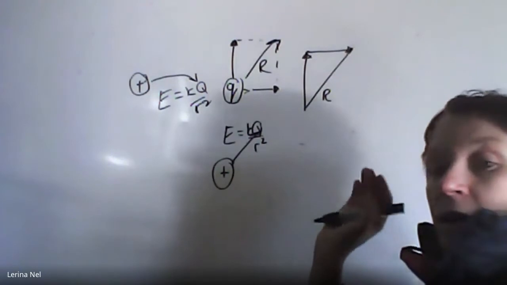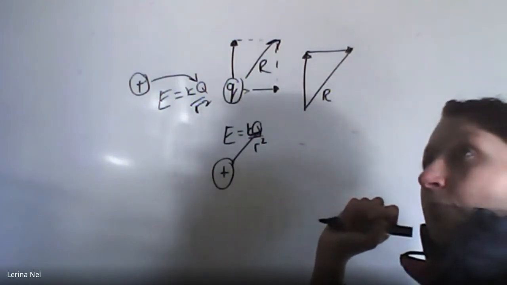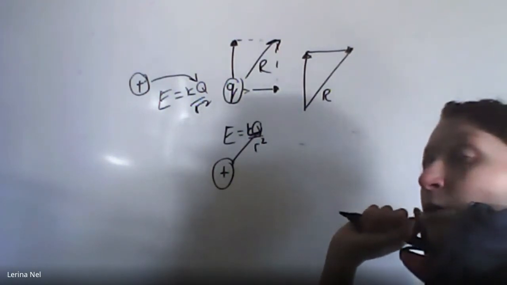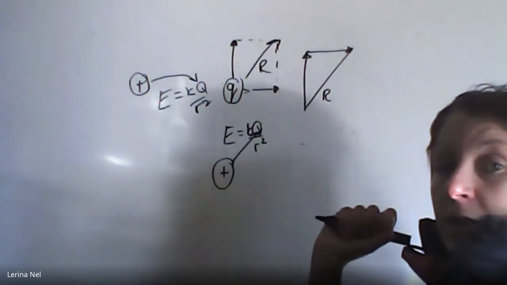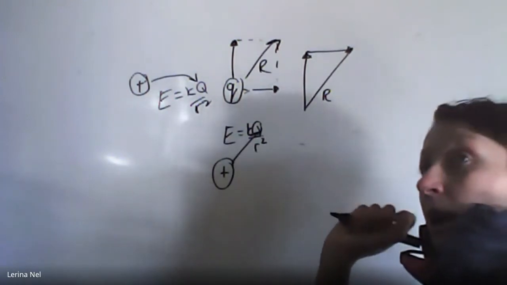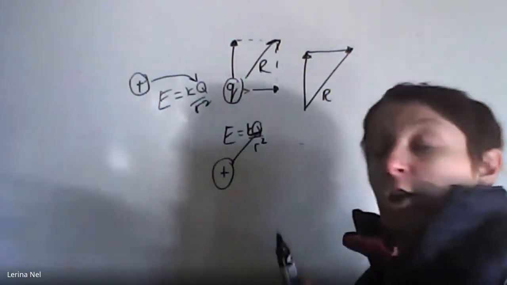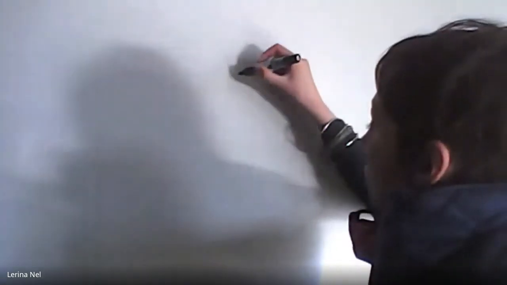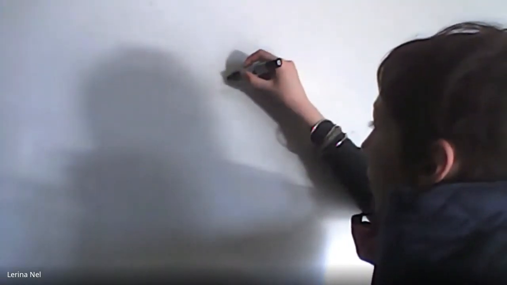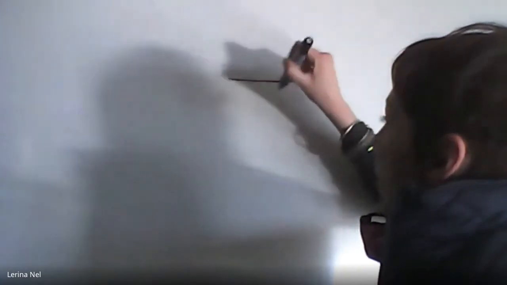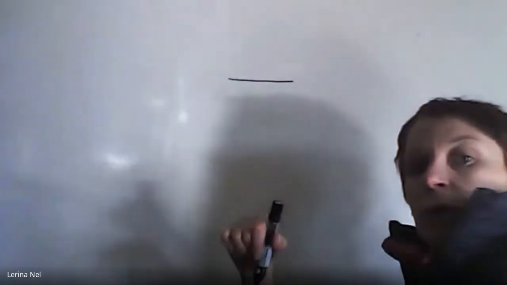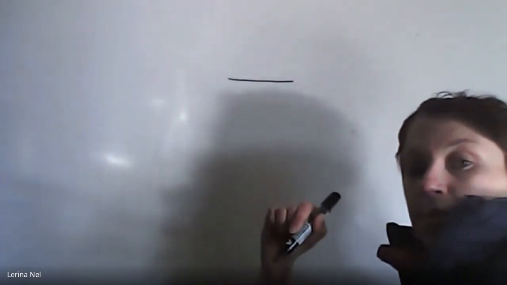How does this tie into electromagnetic induction? Okay, so this is how it works. We know that if I have a current carrying conductor, so I have a wire and it carries current, there's actually a magnetic field around that wire.